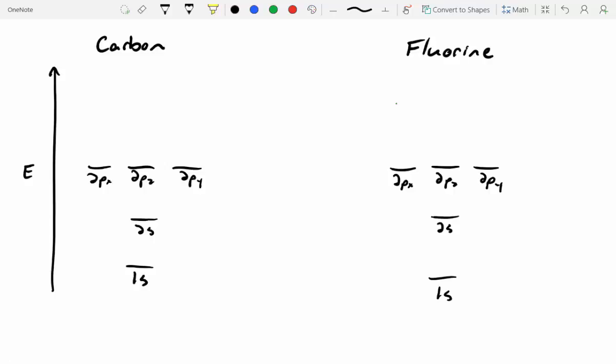Sorry, I shouldn't say valence electrons, all the electrons, because the valence electrons will just be the highest energy ones. All right, so carbon, how many electrons do we need? 6 total.